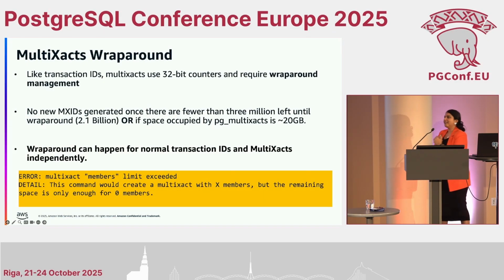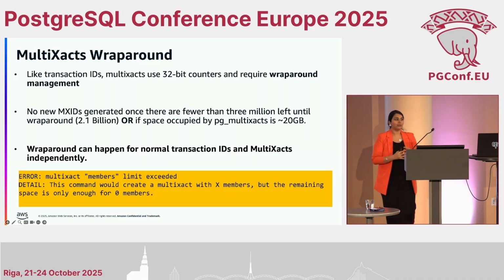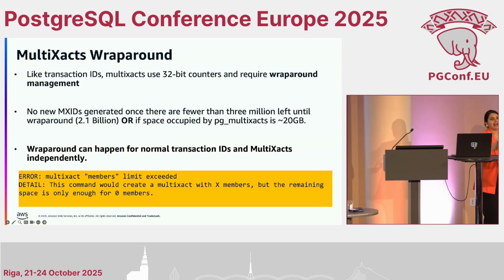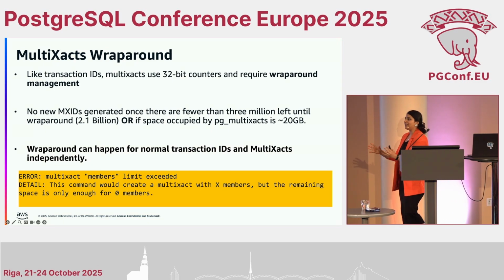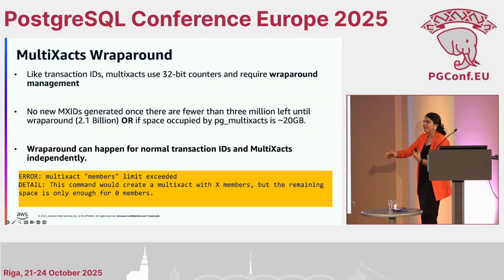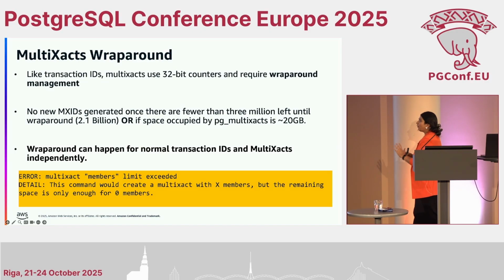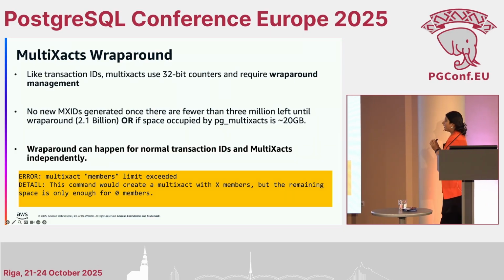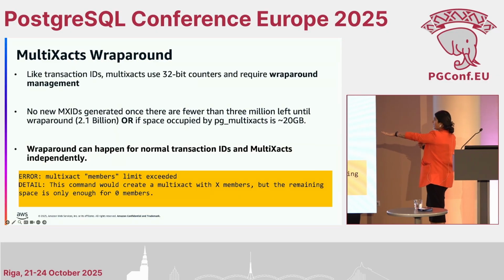Just like standard transaction IDs, multi-exacts are also a 32-bit counter, and they require wraparound management as well. Because again, it is an integer limit. You still have a limit of transaction IDs you can do. There will be no new multi-transaction IDs generated once there are fewer than 3 million left under the wraparound.